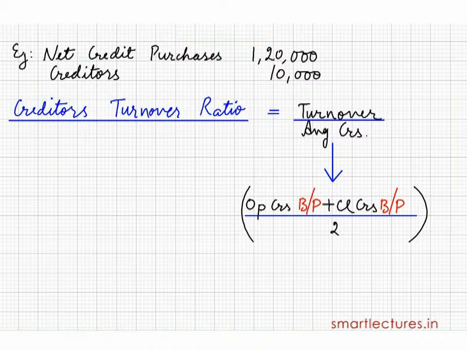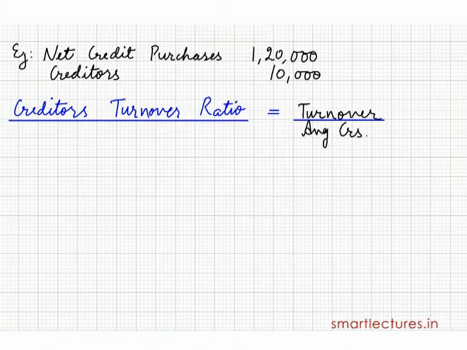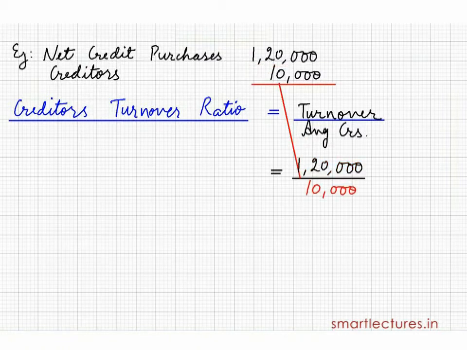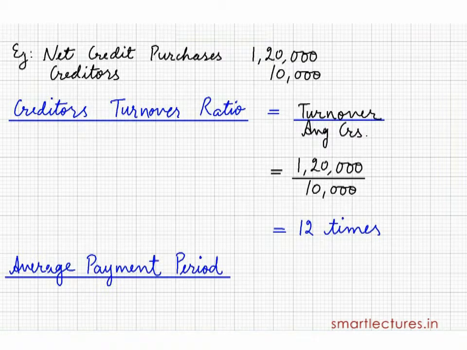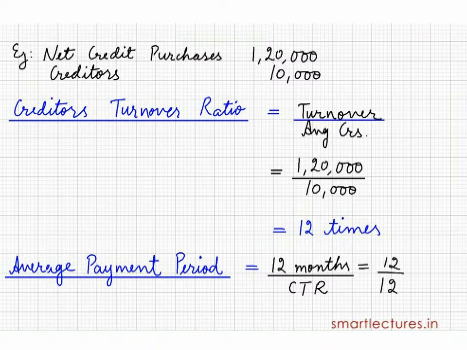So let's come back to the question. Suppose credit purchases are 1,20,000 and average creditors are 10,000. It means creditors turnover ratio is 12 times. If we want to calculate average payment period to the creditors, it's quite easy. If you want to calculate in months, then it will be 12 months upon creditors turnover ratio, that is 12 times in this question.